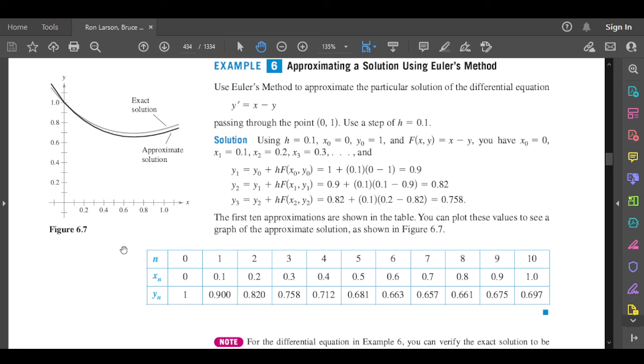But if a graph is required, then you graph the approximate solution. So that's Euler's method and how we use it in approximating the solution of the differential equation.